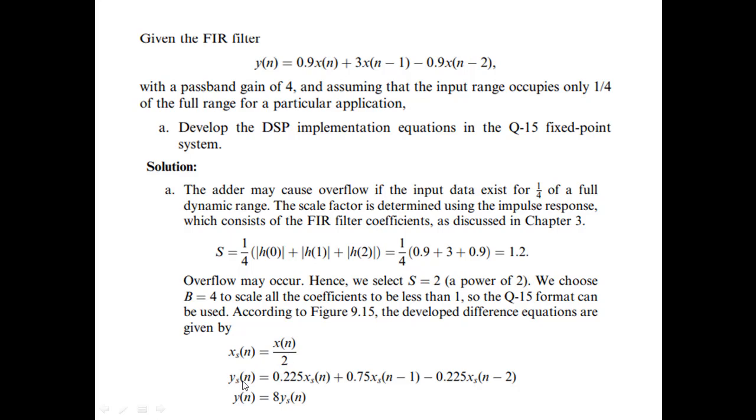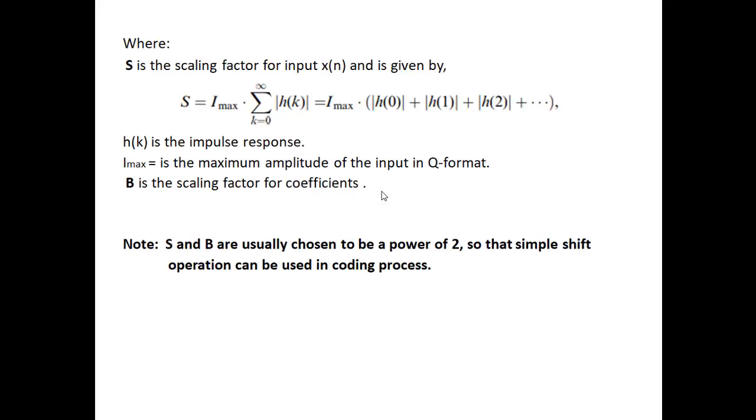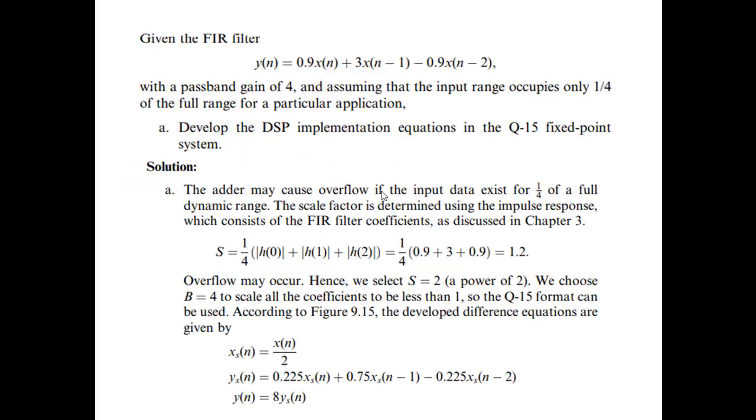Now what is ys of n? If we go back to the figure, ys of n is xs of n with the filter coefficients scaled by a factor of capital B. And what is y of n? y of n is our difference equation.